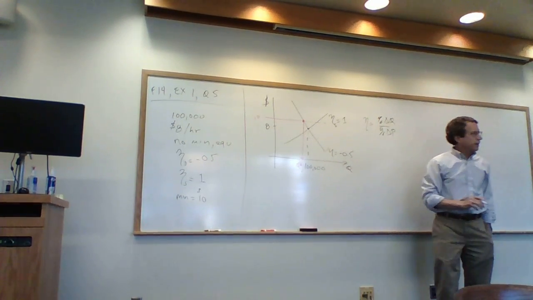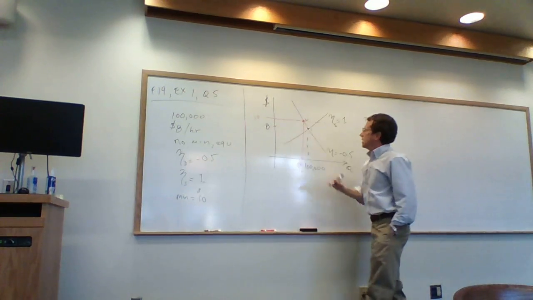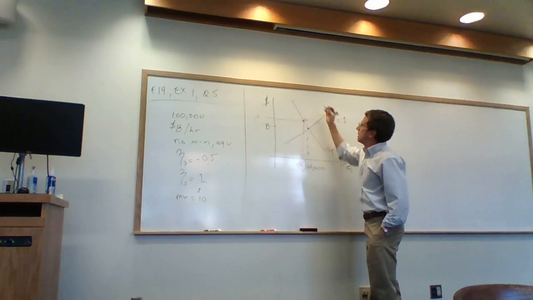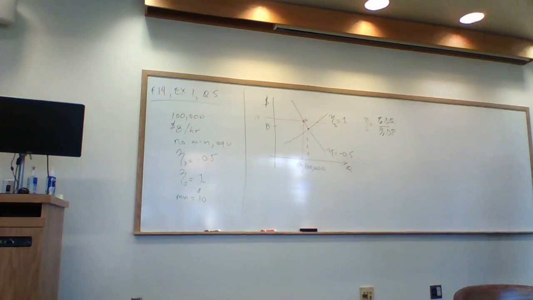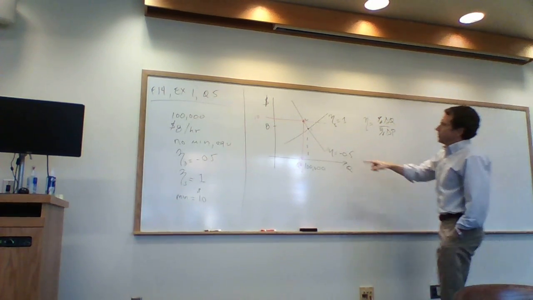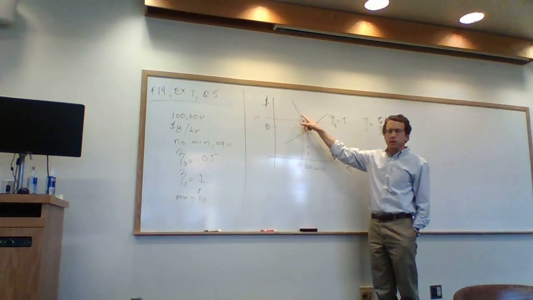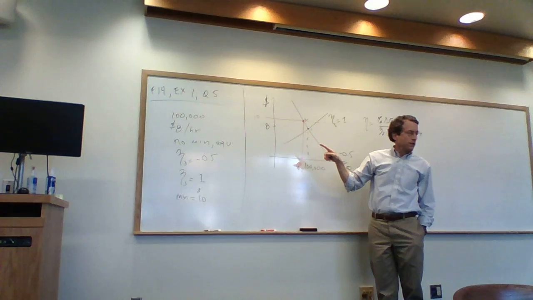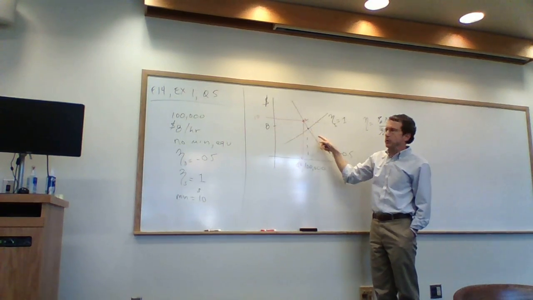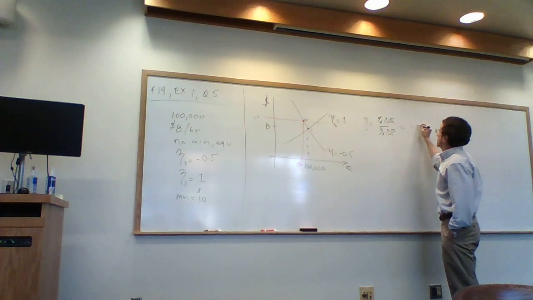To figure that out, if you're rusty and you want to be very systematic about it, we look at where the original equilibrium is and where the new equilibrium is, and look at which curve the two points lie along. Here they lie along the demand curve. So I can figure out what happened by looking at the demand elasticity.